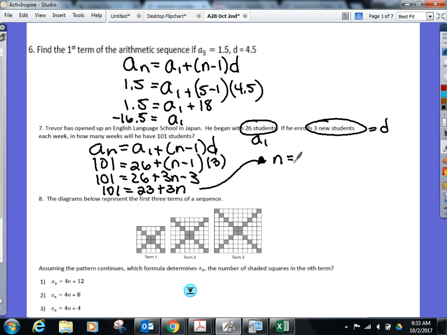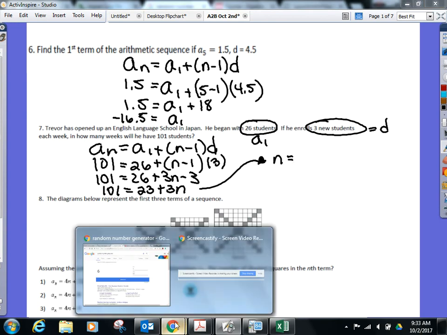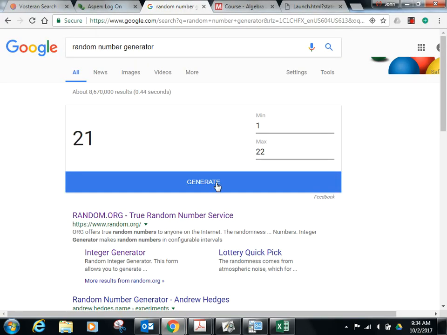And it should be whole weeks, hopefully. And how many weeks is it going to take? How many weeks?